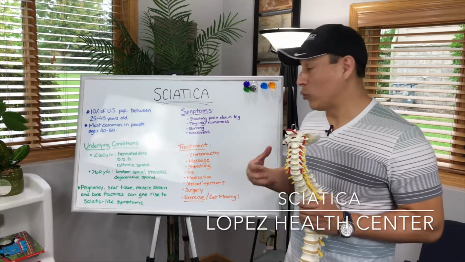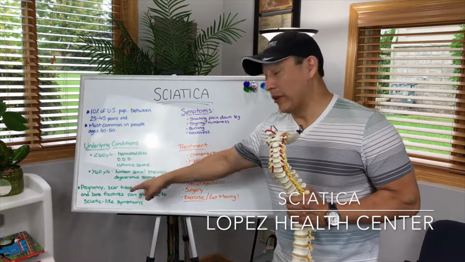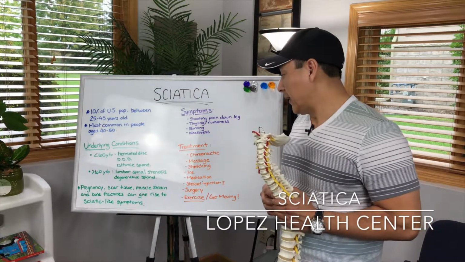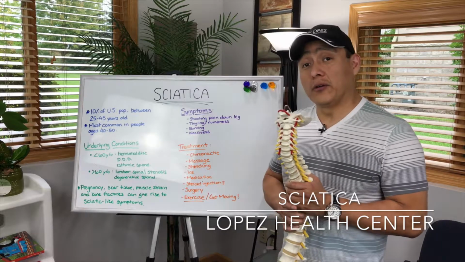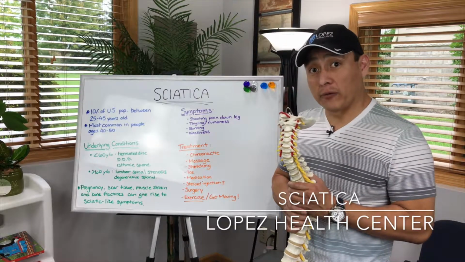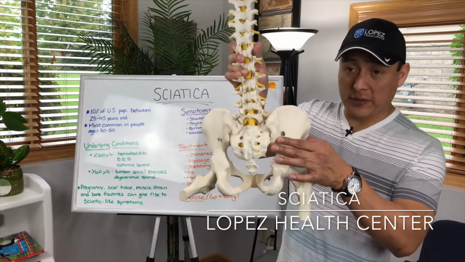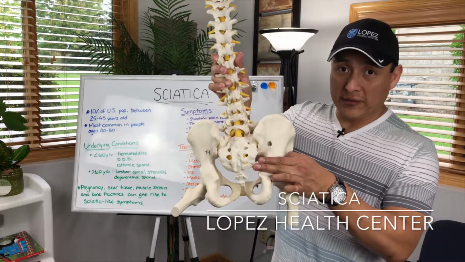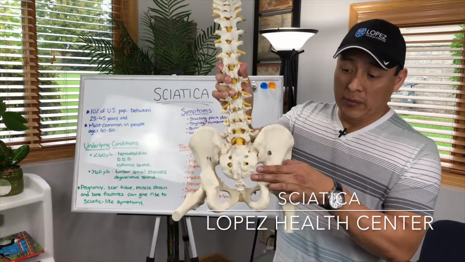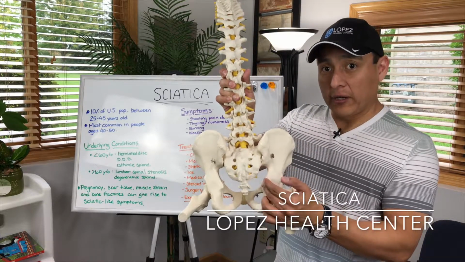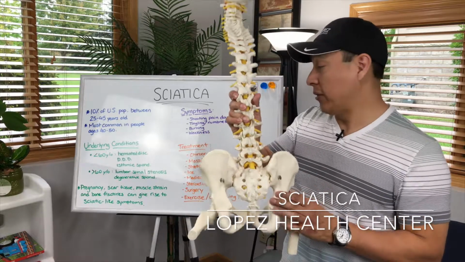Deep tissue massage will really help to address the scar tissue that's built up. You want to look at stretching, because there is another condition called Piriformis Syndrome, where you have a muscle right around this area of your hip that gets tight or is injured, but more than likely it gets tight and starts to irritate that sciatic nerve that comes down your hip and your leg.